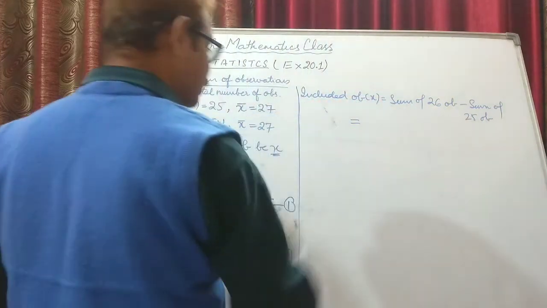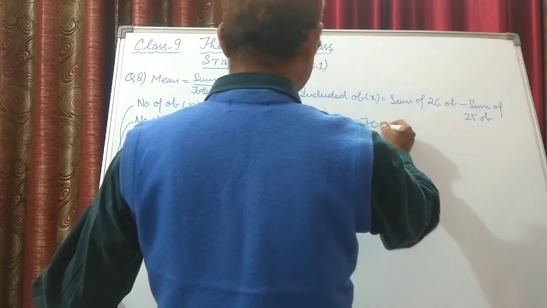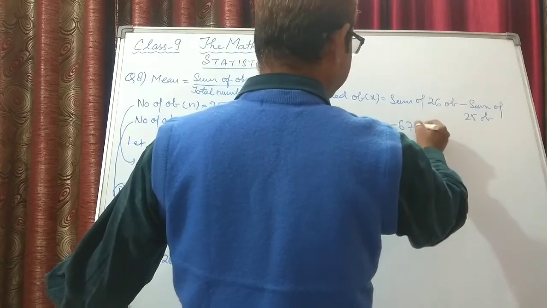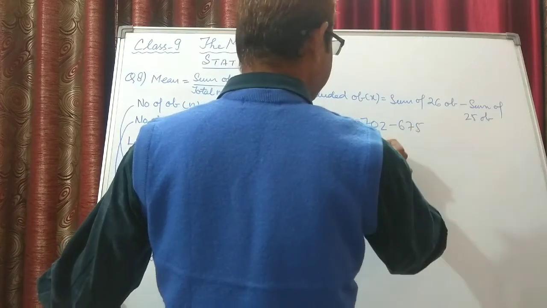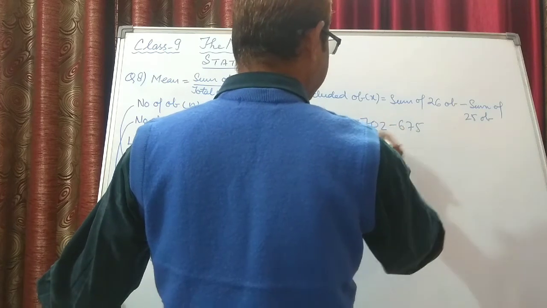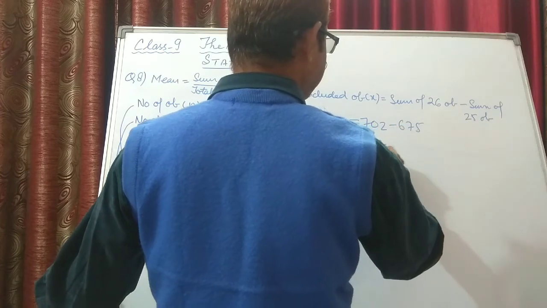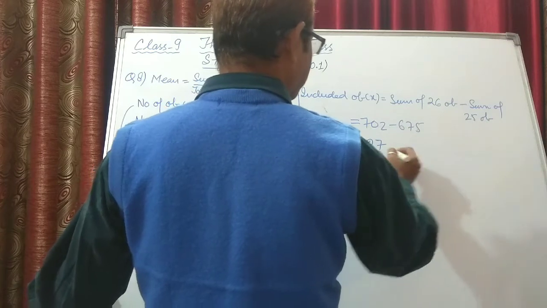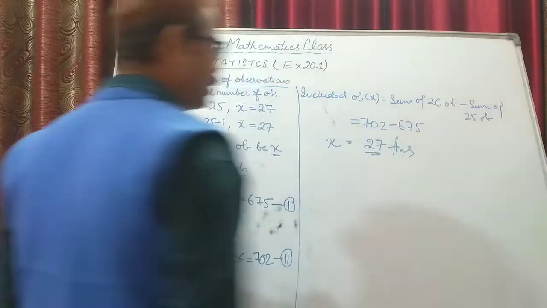So the sum of 26 is how much? 702 minus 675. So that will be 7 and 5, 12, and 9 minus 7 is 2. 27 is the new observation, that was x, that is the final value.